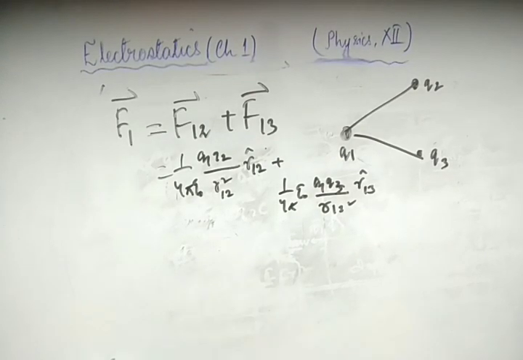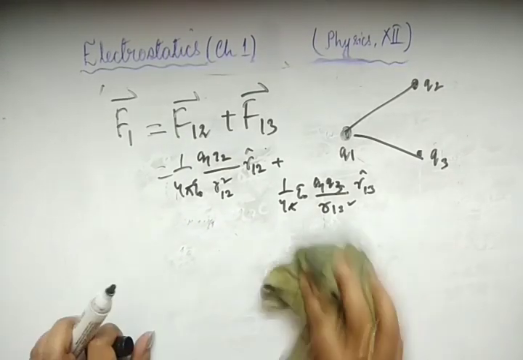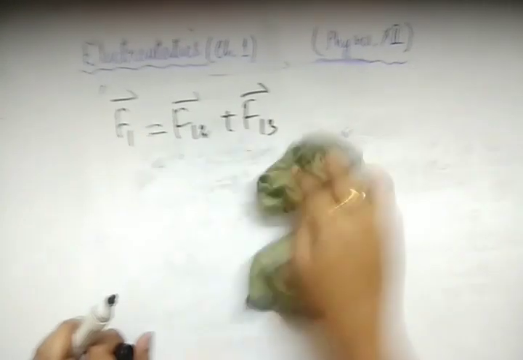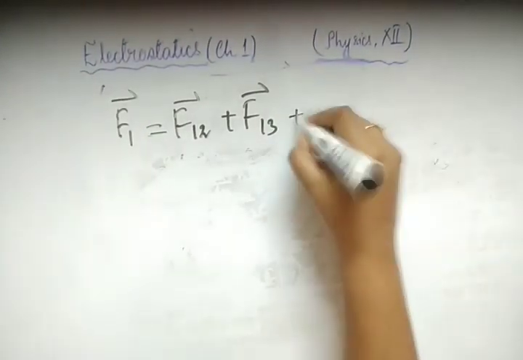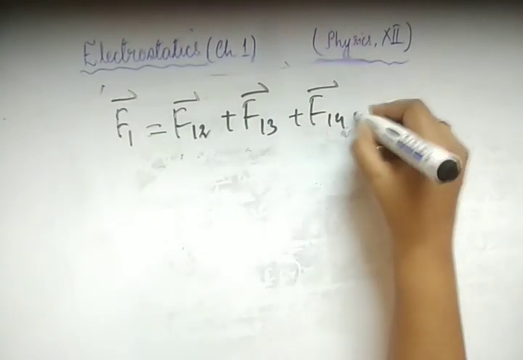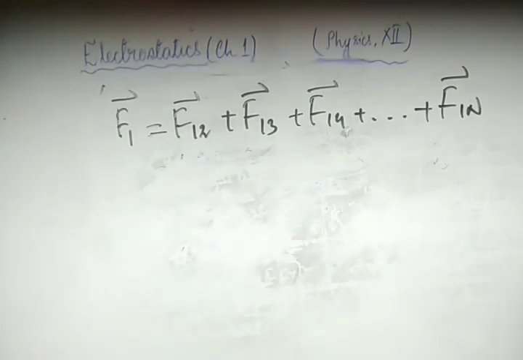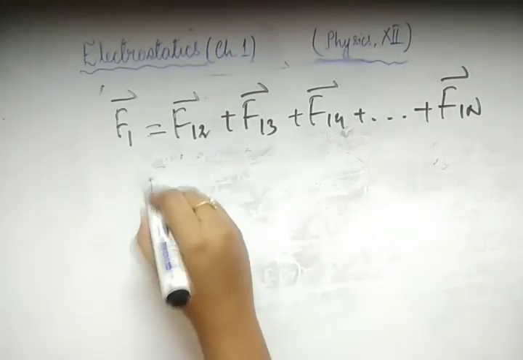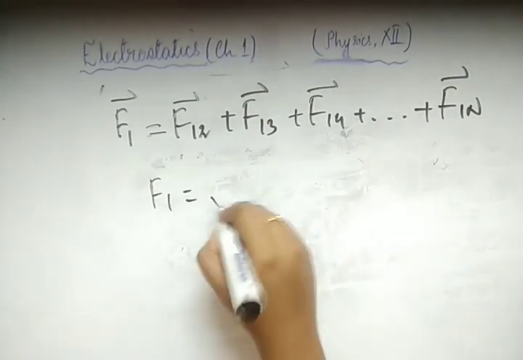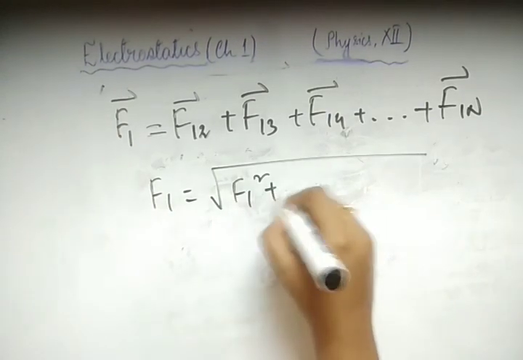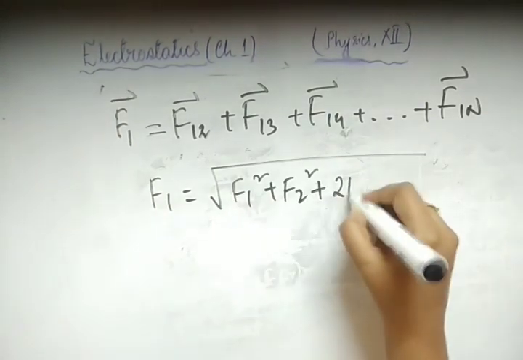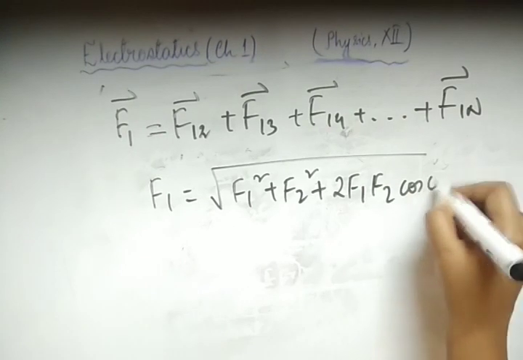And suppose if you have a number of charges, you can keep on adding, so you can write it as 1, 4, plus dot dot dot plus. Suppose there are two charges only, you can also apply this formula: root over F1 square plus F2 square plus 2 F1 F2 cos theta.